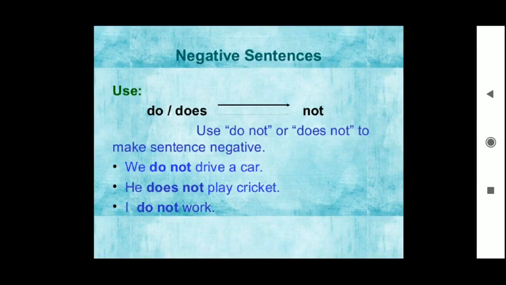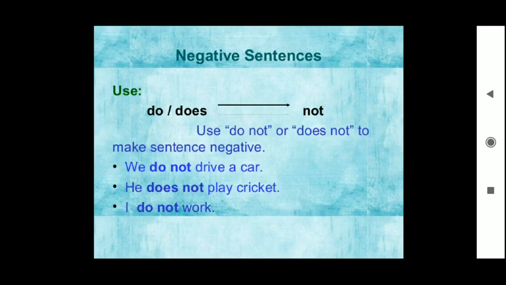Now come to the negative sentences. Use do or does not to make a sentence negative. For example, we do not drive a car. He does not play cricket. I do not work.